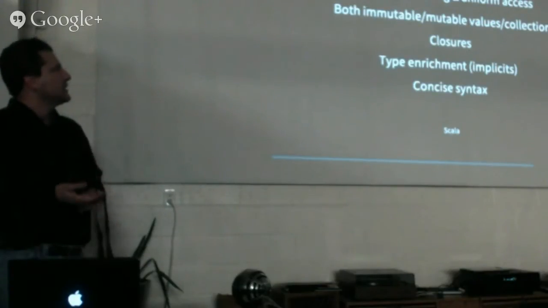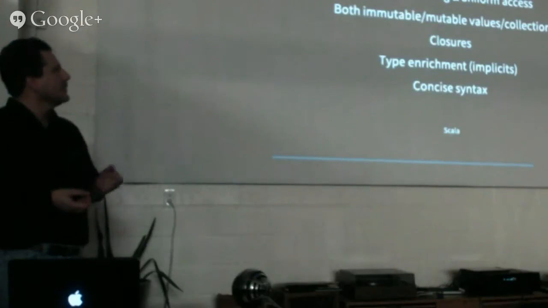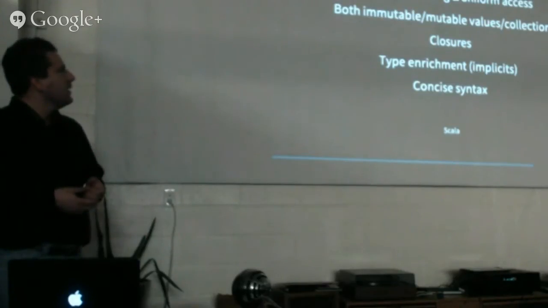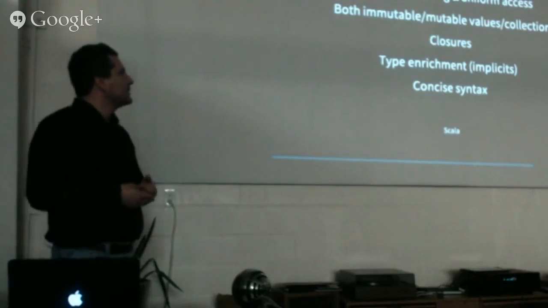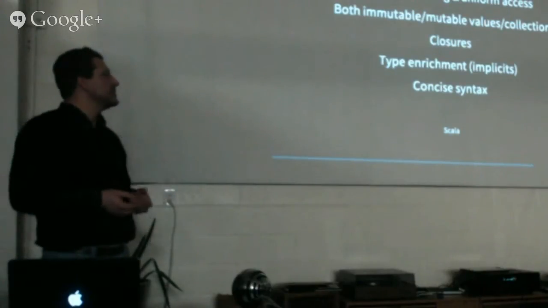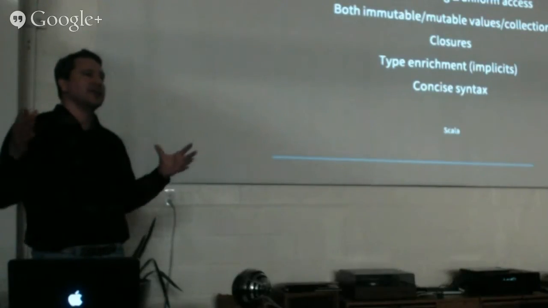But the second thing, emphasized by, say, Clojure, is that it emphasizes using immutable data types and immutable collections. And that's really important when you want to scale something up.